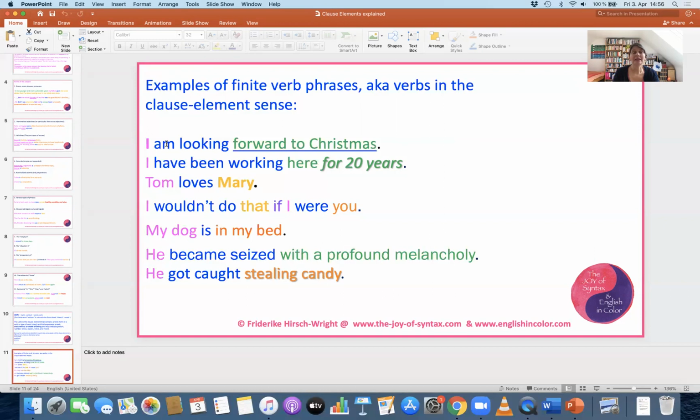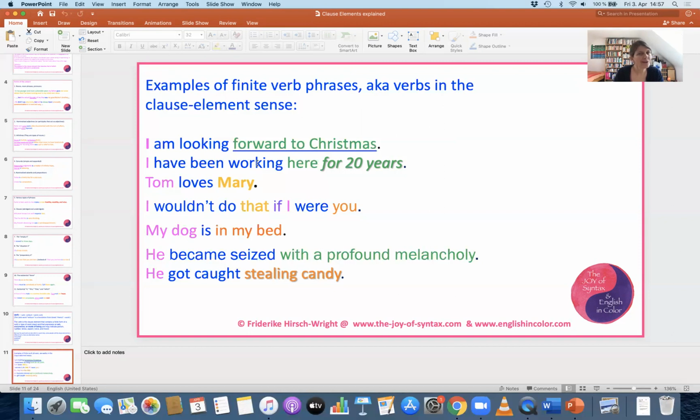I have been working here for 20 years. I have been working is the present perfect progressive form of work. We see that the verb form itself consists of the present perfect of to be in the first person singular, I have been, and then the progressive, the present participle of the main verb work. So I have been working is the present perfect progressive.